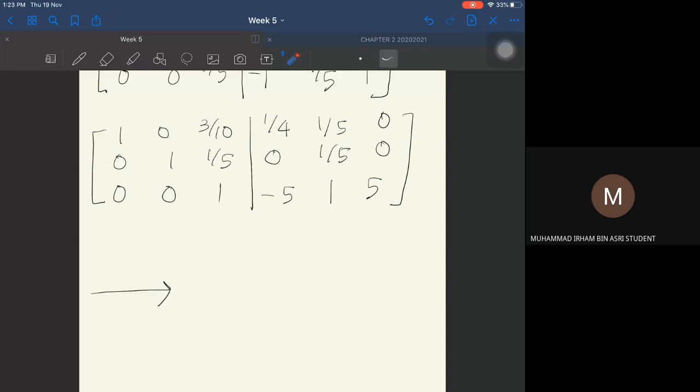What will be the operation? Kita ramai tau, dalam 87 orang, 86. Tapi untuk menjawab ni orang yang sama je. Mana lagi ya? Apa akan jadi pada operation awak untuk jadikan 3 per 10 tu kosong, untuk jadikan 1 per 5 ni kosong?